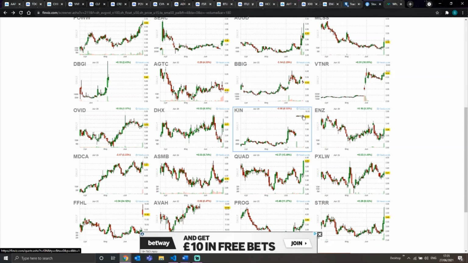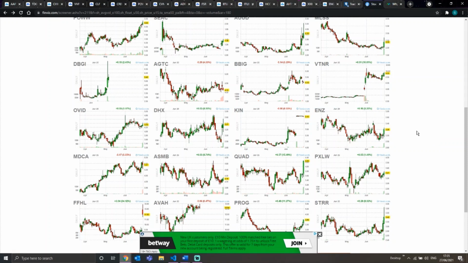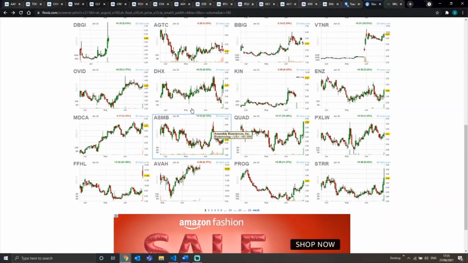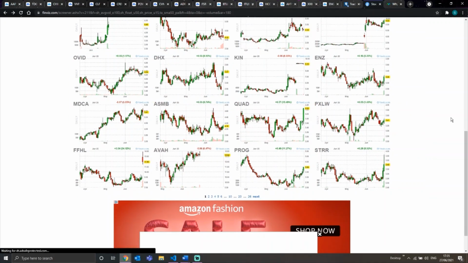It looks like it's just flatlining right now, so probably not something to play, but it definitely did have its move. So we'll skip through some of these ones because they're a little bit mad. There's a couple here that we will look at just now.